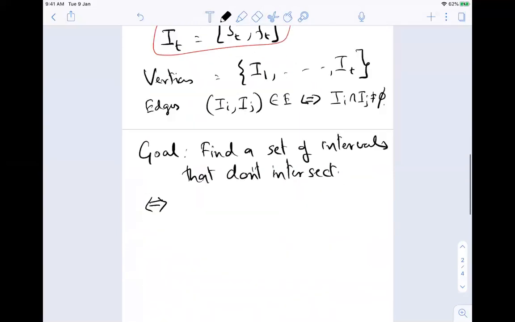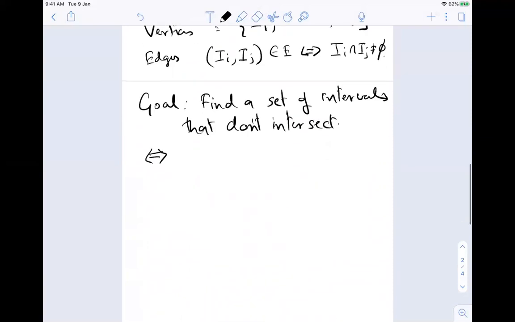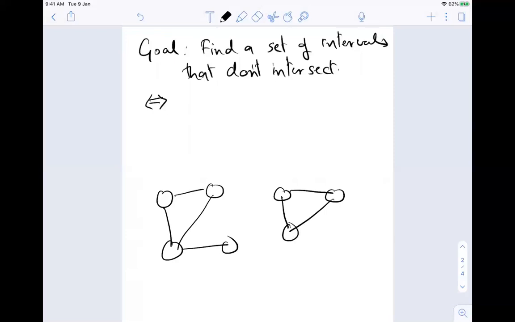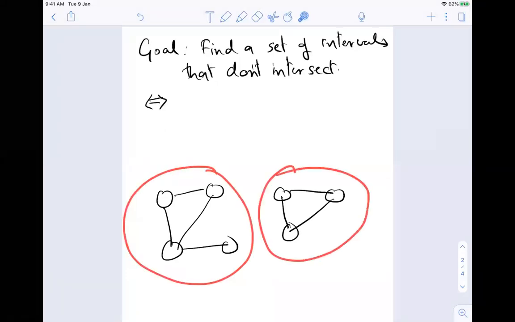If I have a graph, say like this, this graph might be connected or not connected, but this graph has two components. This is one component, this is another component.